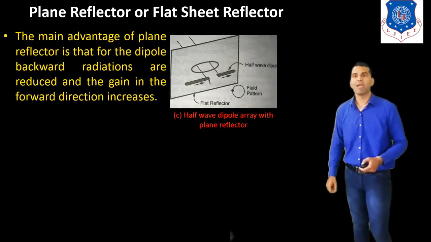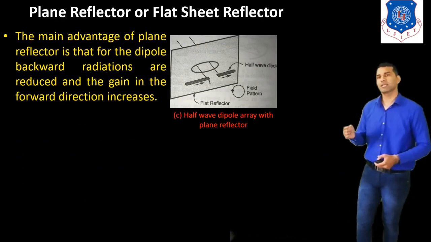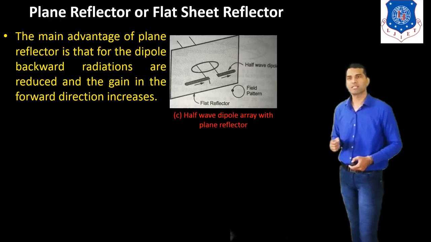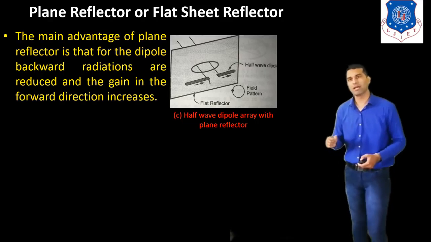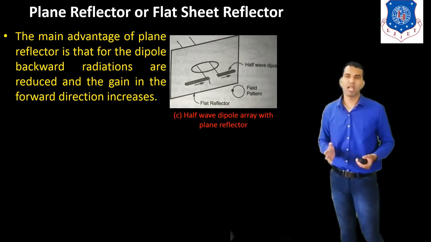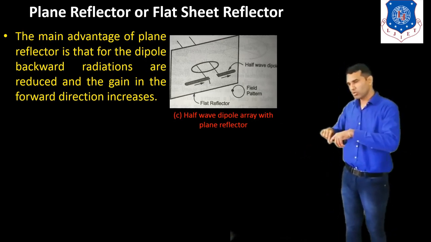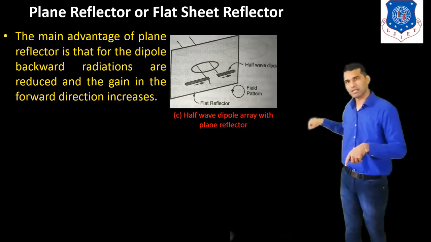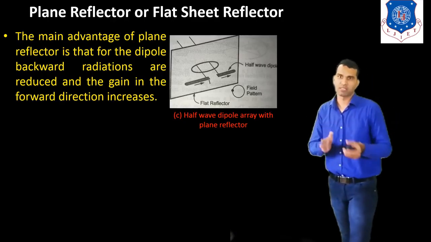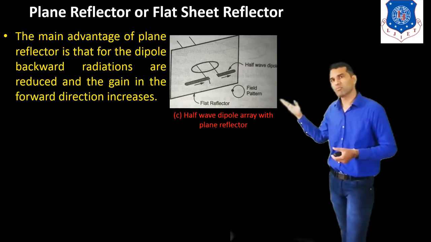The main advantage of the plane reflector is that for the dipole, backward radiation is reduced and the gain in the forward direction is increased. We know that the dipole radiates in both directions, like this and this. But we require radiation in only the front direction. So we can use this type of plane reflector.